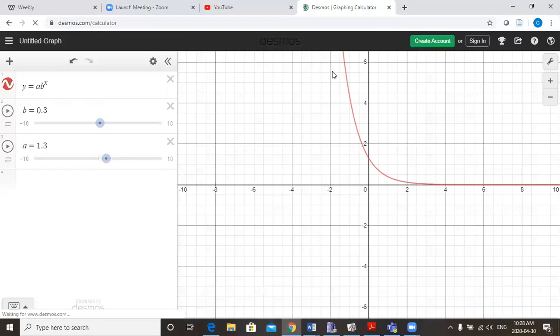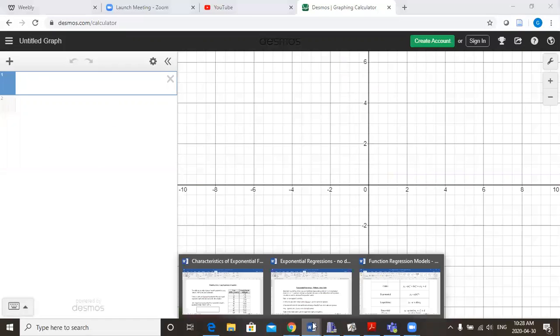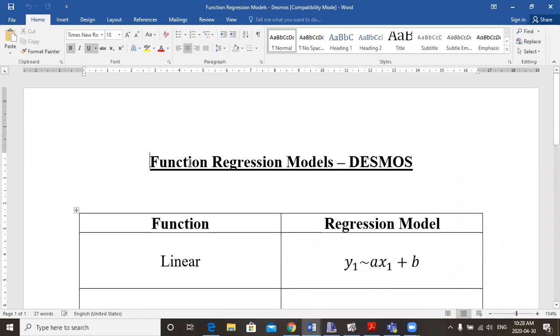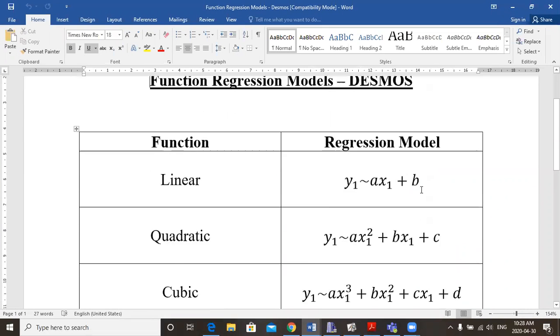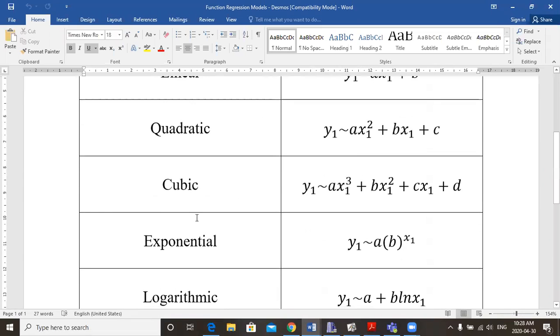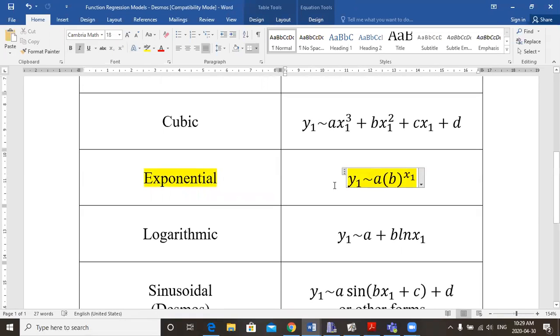Okay, so if we're dealing with exponential regression models, we need to look at what it looks like. If you refer to the notes, the function regression models on Desmos handout that you should have, if you look at the exponential row, then you will see what it looks like.